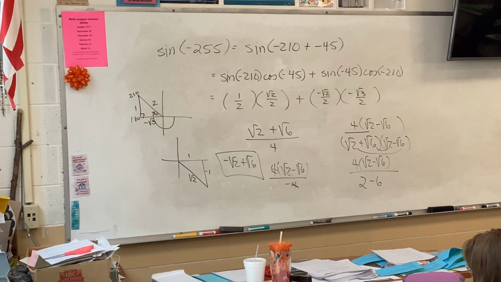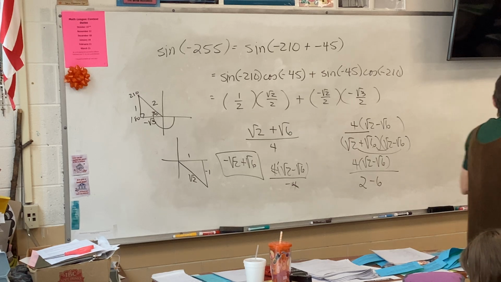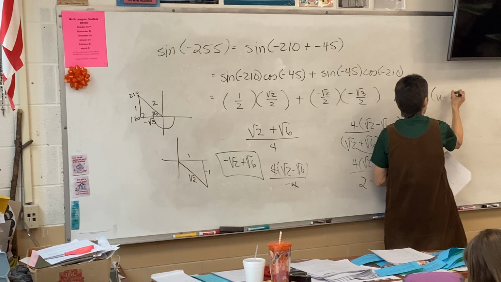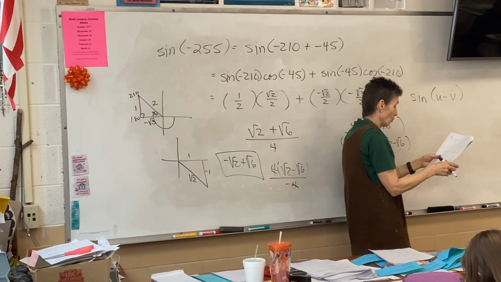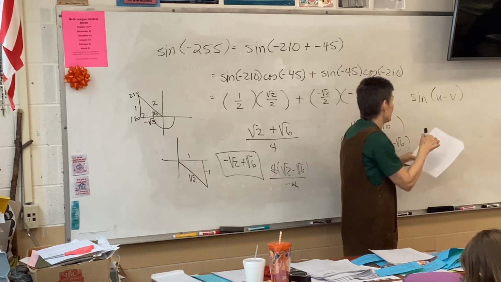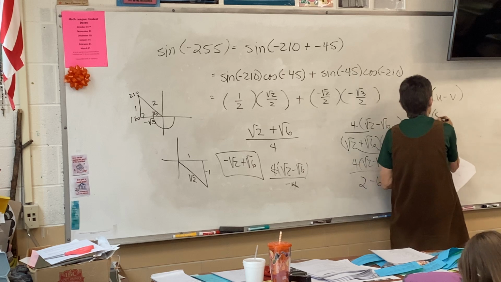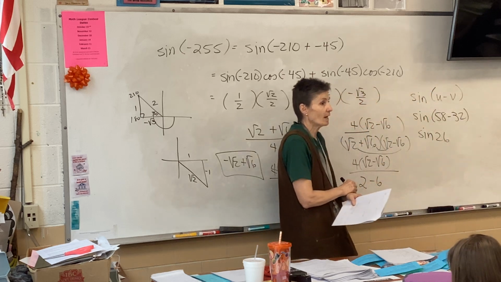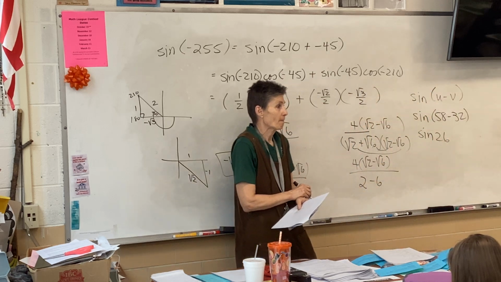It's a sine subtraction, right? So number 2a is the sine of u minus v. What's your u? 58. What's your v? 32. So this is the sine of 26. Done. That's all you have to do.